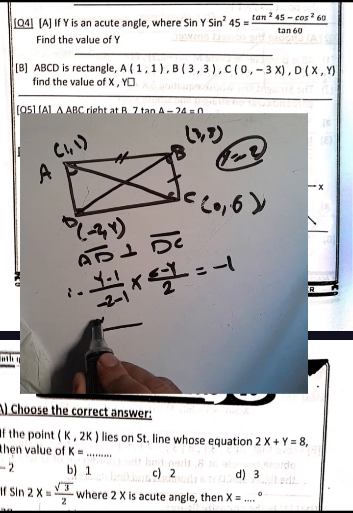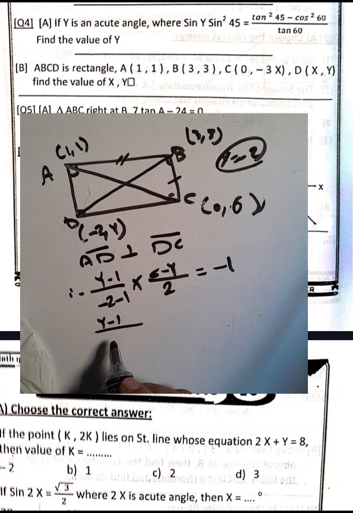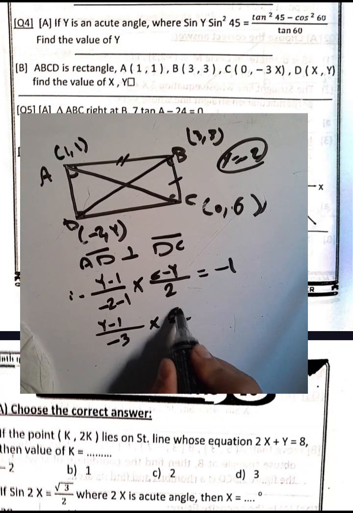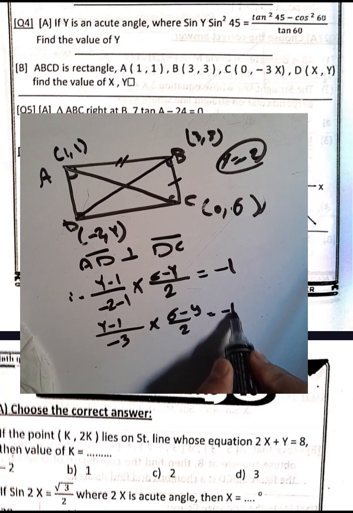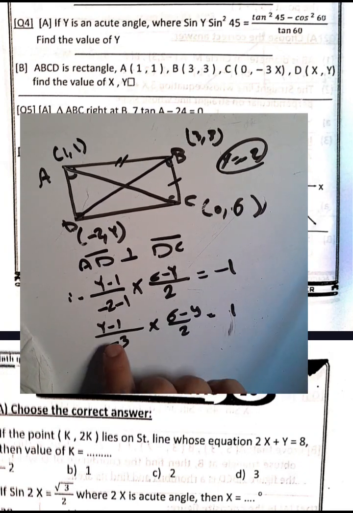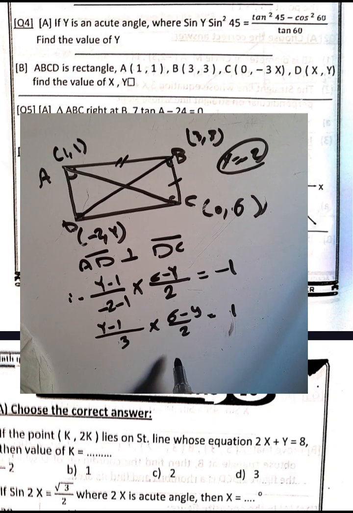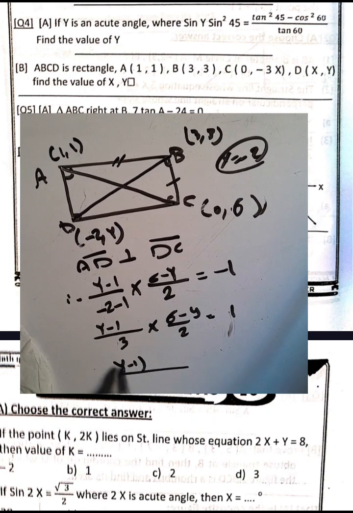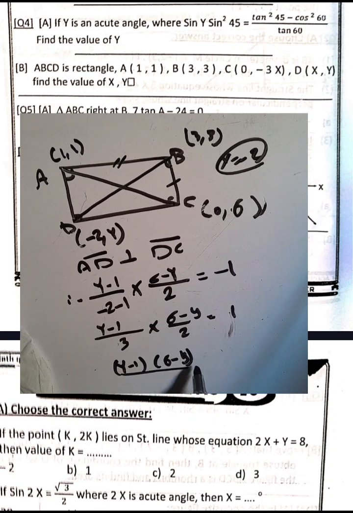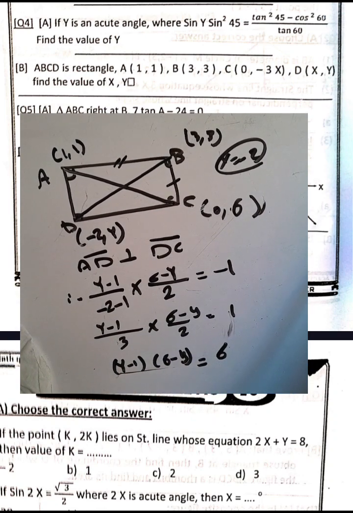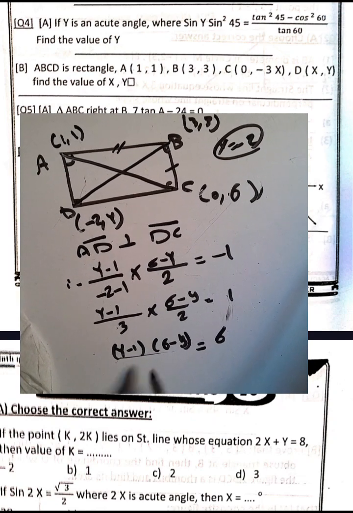And then y minus 1 here over -3 times 6 minus y over 2 equals -1. We can cancel negative by negative here, and find the product between y minus 1 and 6 minus y. It will be 2 times 3 equals 6, 6 times 1 equals 6. We have two numbers here, product between them.